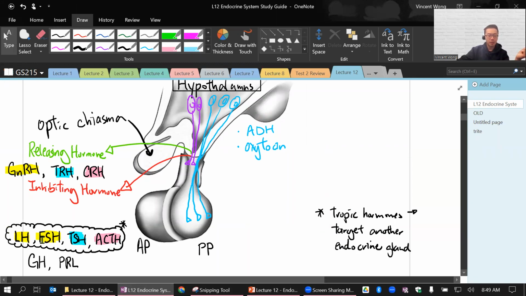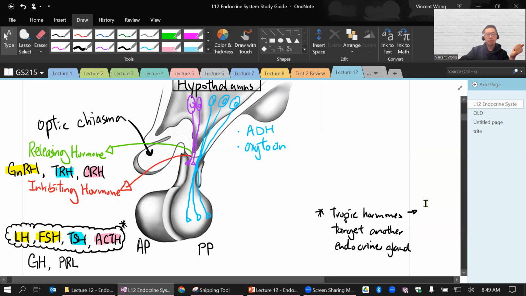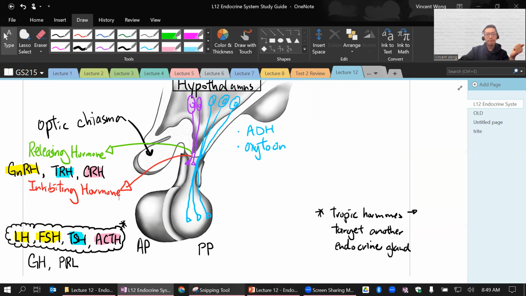The testicles and the ovaries. Those themselves are endocrine glands. TSH targets the thyroid. ACTH targets the adrenal cortex. So each of these targets are endocrine glands themselves. And so by definition, they're called tropic hormones.